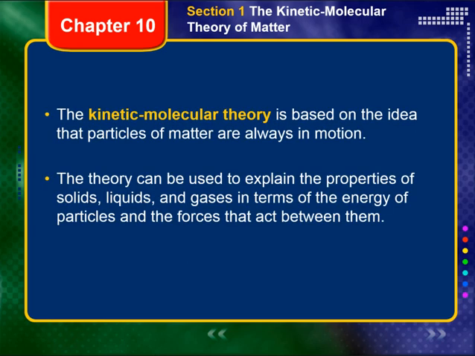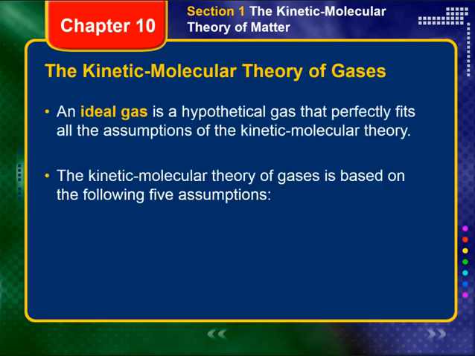So the kinetic-molecular theory is based on the idea that particles of matter are always in motion because, well, they are. The theory can be used to explain the properties of solids, liquids, and gases in terms of the energy of particles and the forces that act between them.